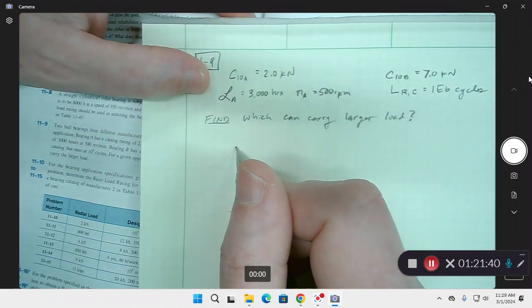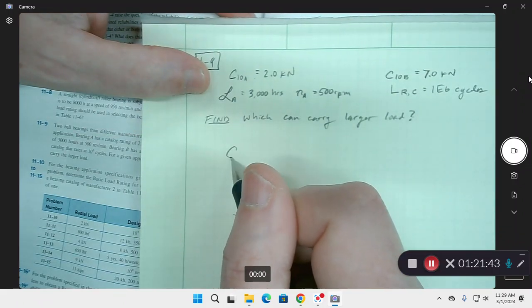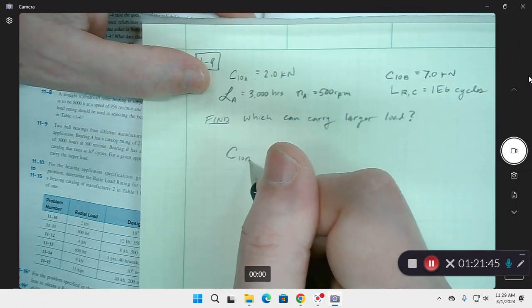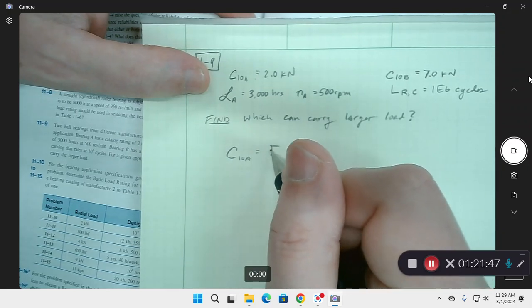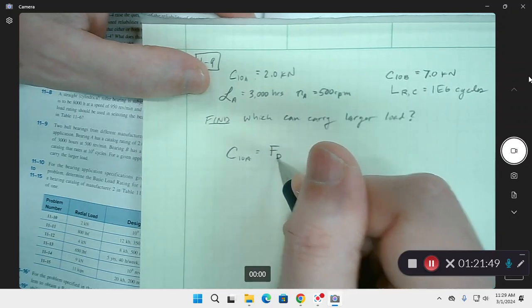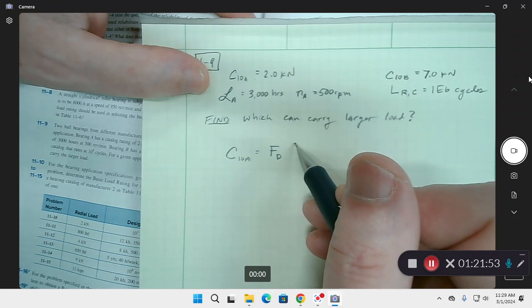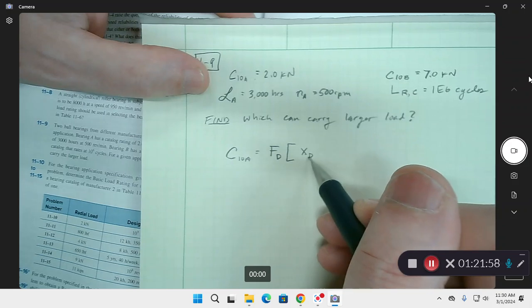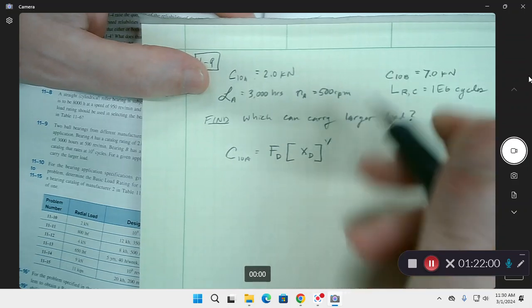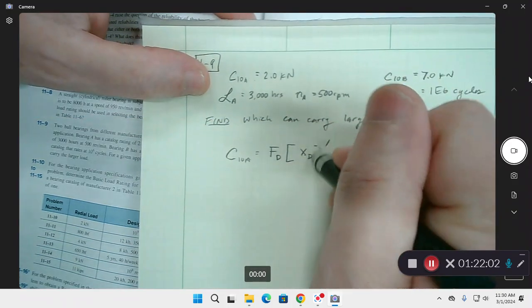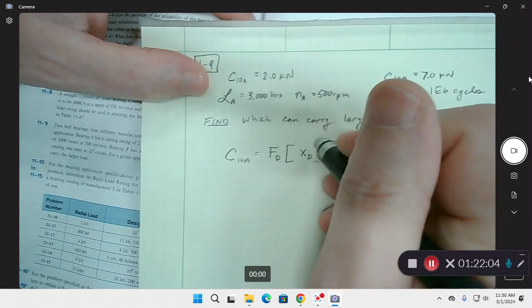We go C10A is equal to FD times XD to the 1 over, and I should give it some kind of name.